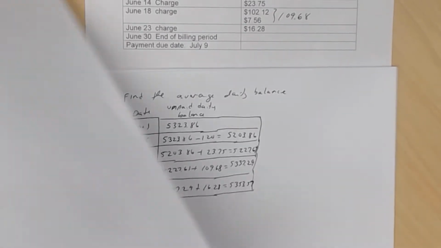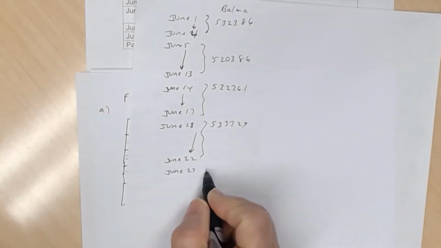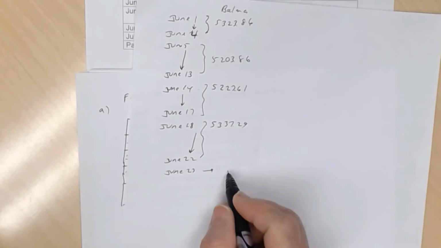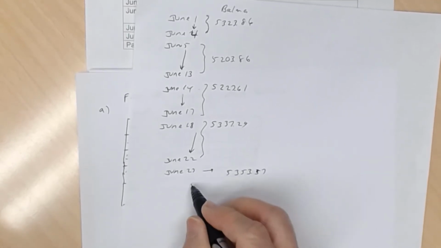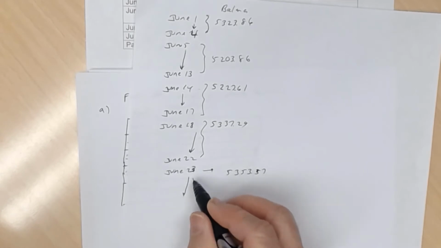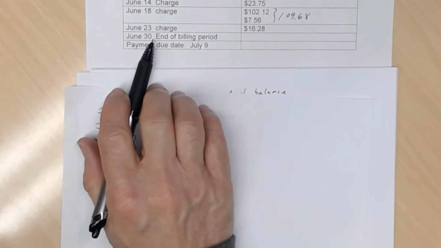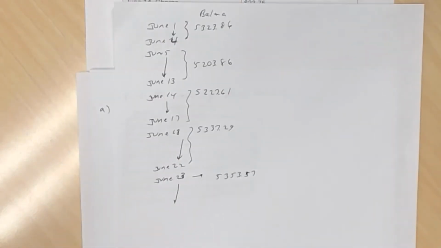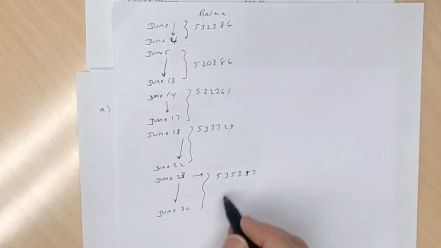Okay, so that means that from June 23rd, which my balance was $5,353.57, all the way, did I make any more purchases? Nope. So all the way to June 30th. That is my daily balance.